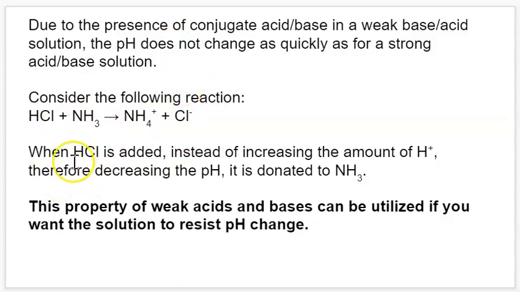So that means when we add hydrochloric acid to this solution, it's not going to increase the amount of hydrogen ions and therefore decrease the pH, because those hydrogen ions are going to be donated to NH3 to make ammonium, since the base is accepting those hydrogens and basically pulling them out of solution into themselves. And this is a property of weak acids and bases that can be utilized if we want the solution to resist pH change.